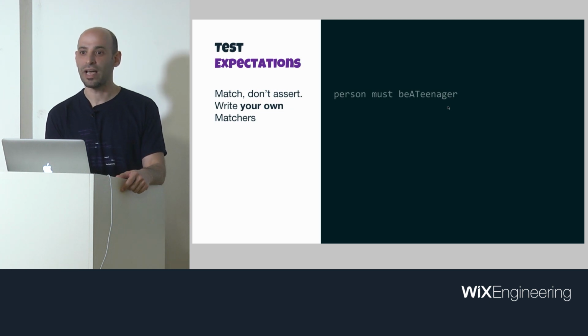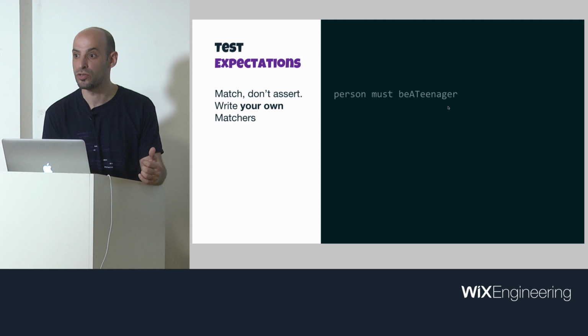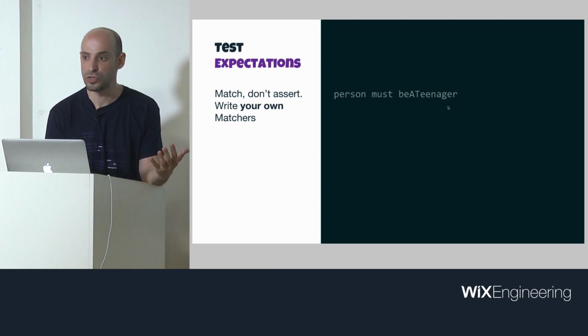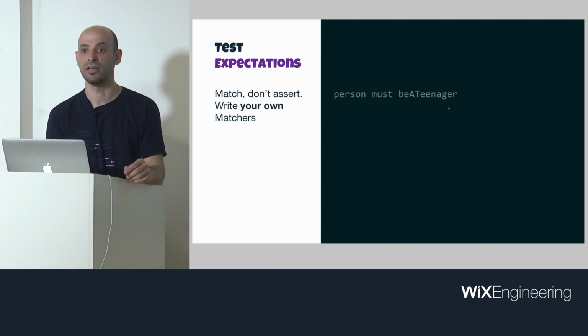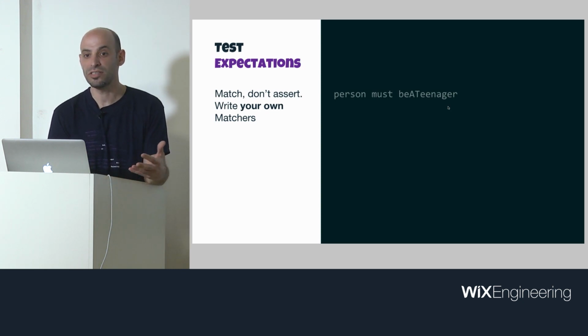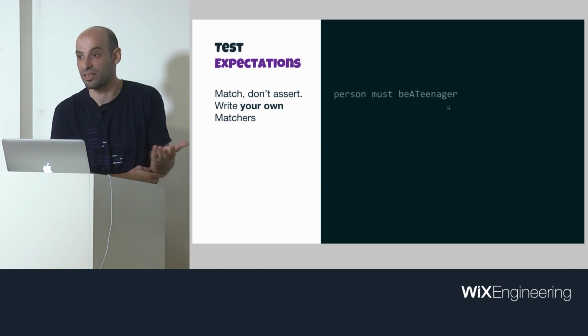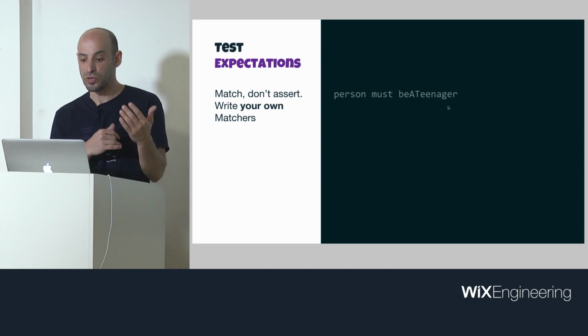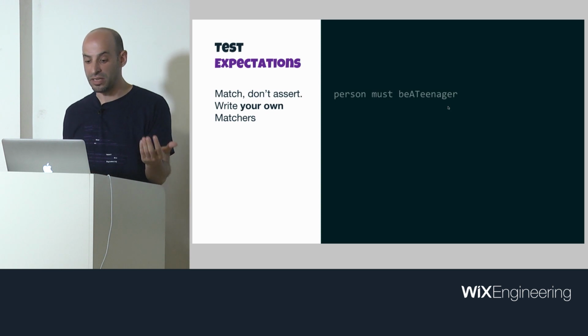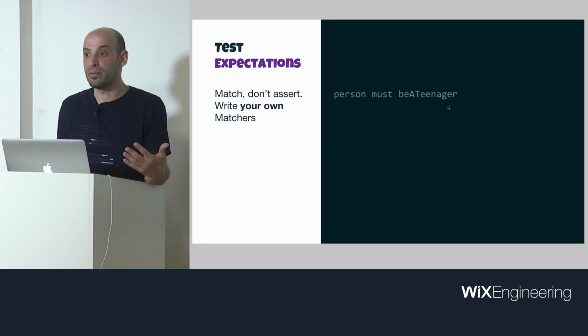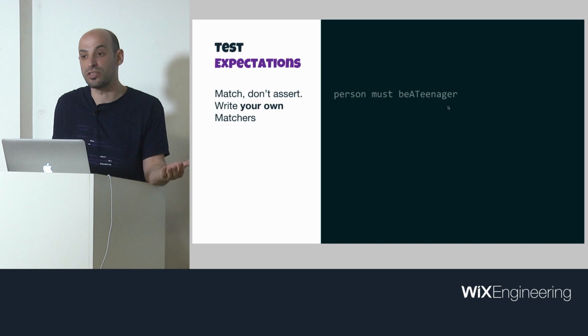So if you have an assertion, usually you're used to having an assertion saying age is bigger than 13 and smaller than 19. This is the very implementation of how to understand that this is a teenager. But if you write a matcher that expresses the behavior, then you can just write that it's a teenager.